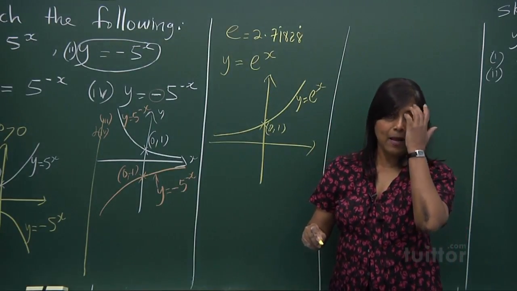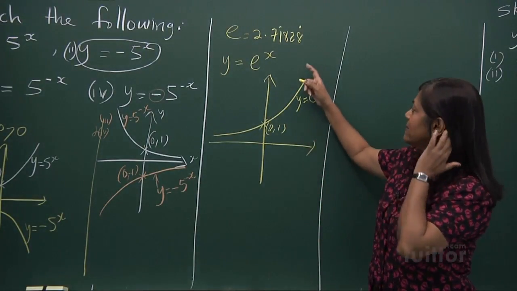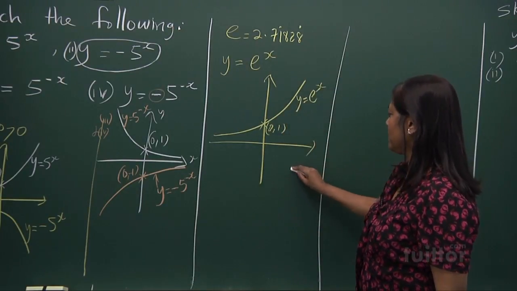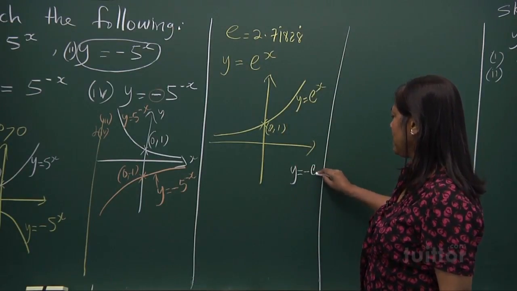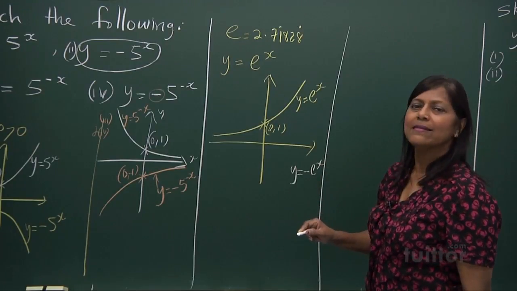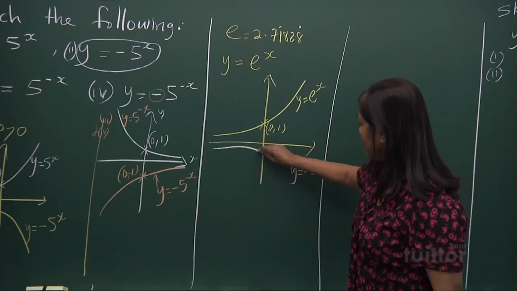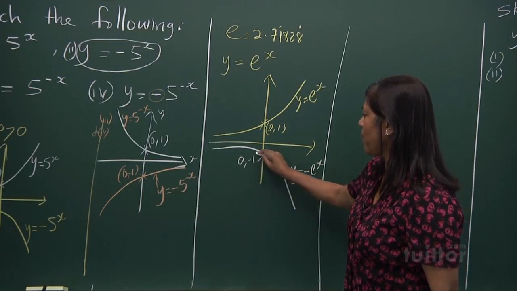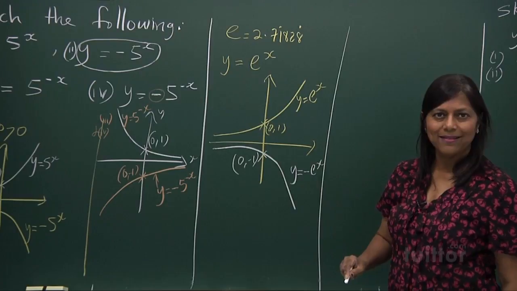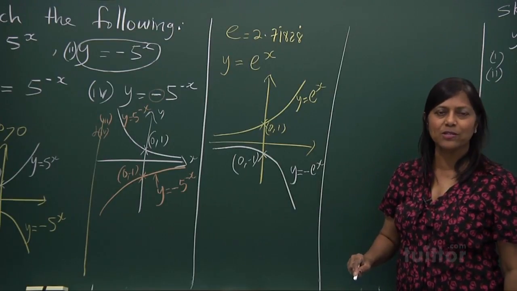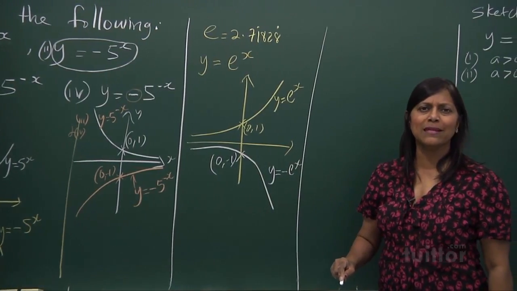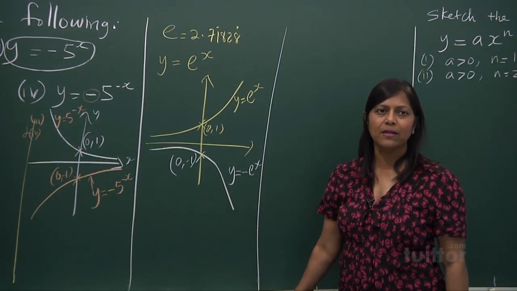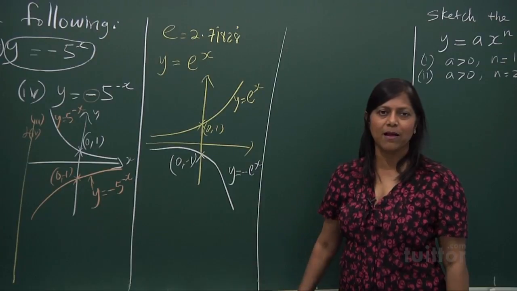Got it? Now if I wanted a graph of y equals minus e to the power of x, what happens? It's a reflection that goes this way. x is 0 and y is minus 1. Got it? Exponential function. For those students who study additional mathematics, you would be very familiar with it, so take note of the shape of the graph.